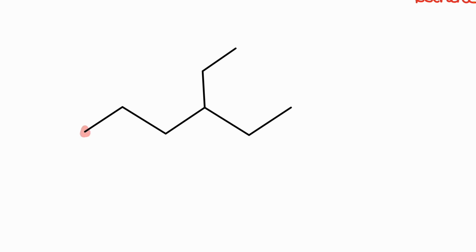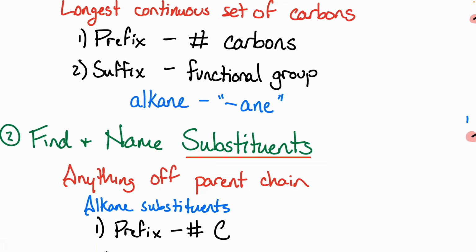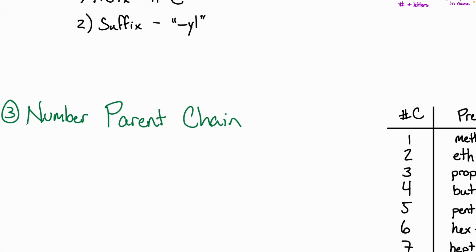All right, our parent chain, 1, 2, 3, 4, 5, 6 carbons. So what's our parent chain? Hexane. Okay, that's our parent. Our substituent is these 2 carbons right here. So what would the name of that substituent be? Ethyl. Okay. But now when we get to numbering our parent chain, we didn't have this problem in the previous example because this molecule was symmetric.